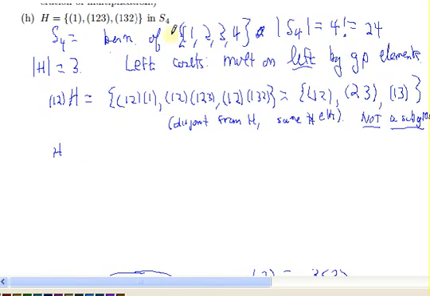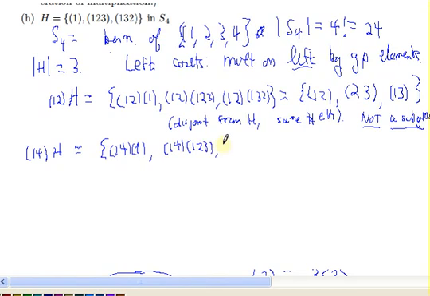Well, let's see. S4 also includes permutations of 4. So let's try a permutation with 4 in it. Let's take (1 4) times H. If we do that, we'll do this again. That's going to be (1 4) times the identity, and then (1 4) times (1 2 3).